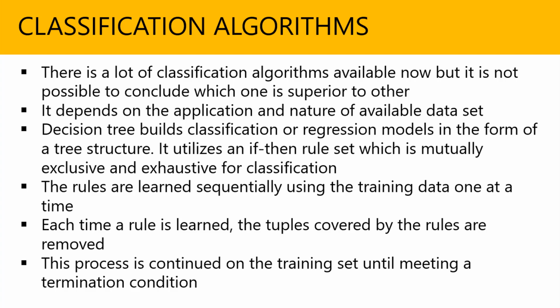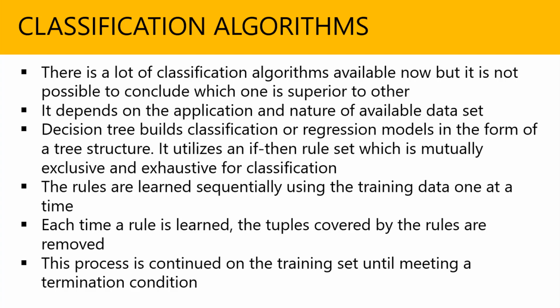The decision tree is a methodology, and I'm going to show you that next also, which builds classification or regression models in the form of a tree structure. So essentially it's doing an if-then analysis. It moves forward just by asking if, then, or else. Simple logic. It utilizes the if-then rule, which is mutually exclusive and exhaustive for classification.